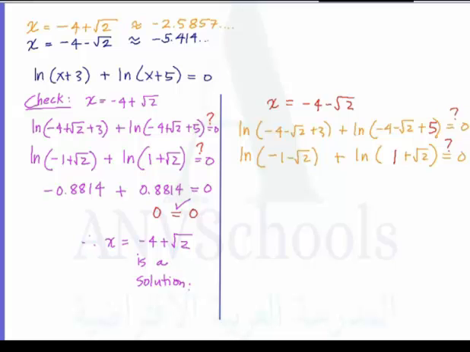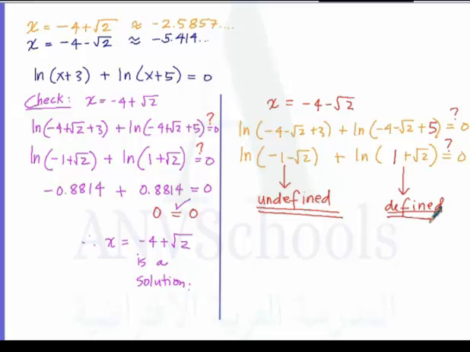I'm using my scientific calculator here. So this one is undefined, due to the fact that the natural logarithm of a negative number cannot have a value. But this one is defined. We have an undefined value here, so that makes this solution null.